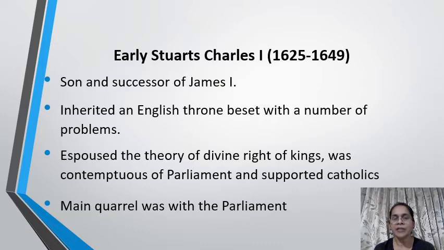However, Charles I, like his father, too espoused the theory of the divine right of kings. He too was contemptuous of Parliament, and he supported Catholics, although he himself at this point had not actually embraced the Catholic faith. Now, his main quarrel also was with Parliament.